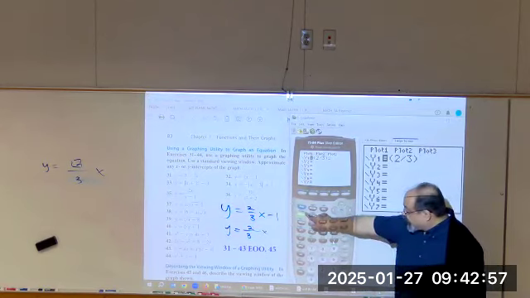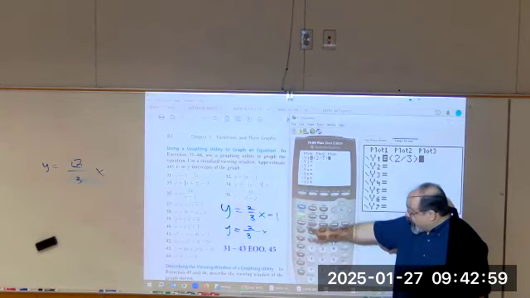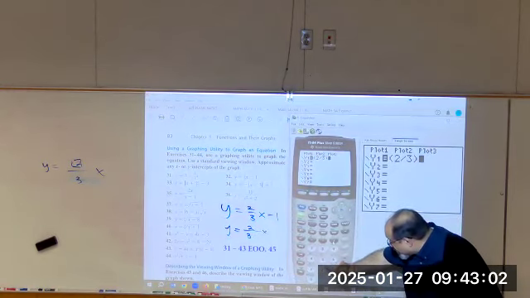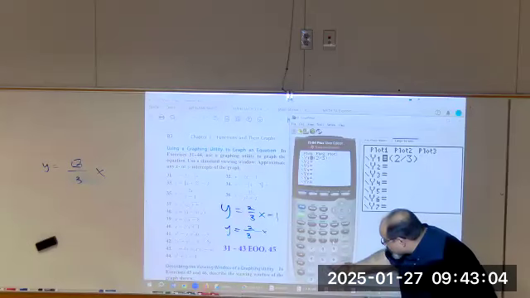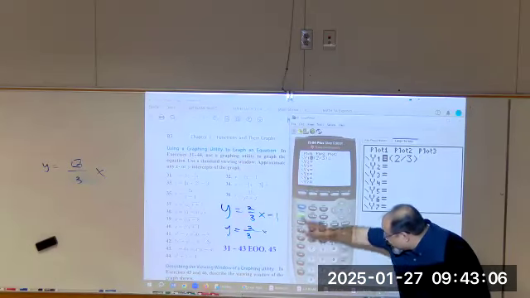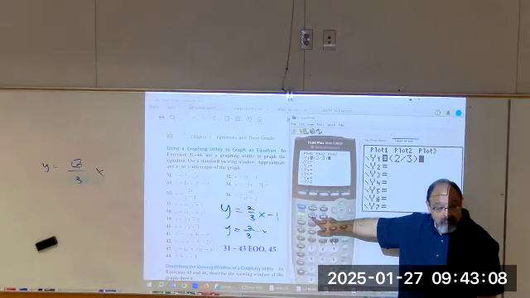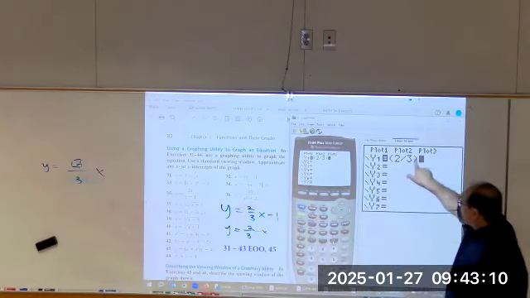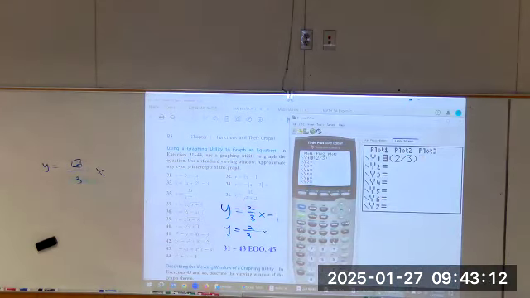So instead of using alpha and finding the X somewhere, there's the X in green. You just hit this, hit that, and you'll get an X. There's the X, and then -1, and then you hit enter.